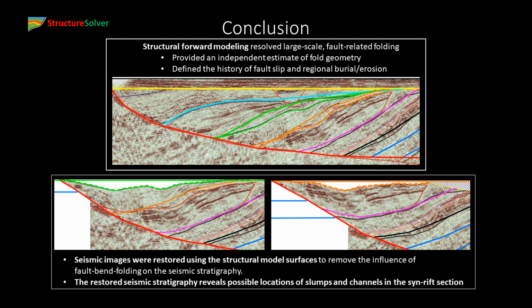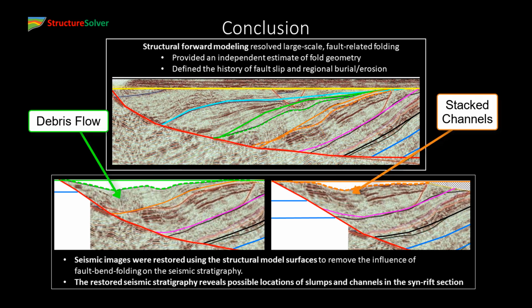The resulting restorations would essentially unfold fault-related deformation while preserving any stratigraphic features associated with deposition of the observed seismically imaged horizon and stratigraphy. In the case of the Bohai rift structure, this process revealed possible debris flows and stacked channels that would have been otherwise difficult to detect without first removing the rift-related folding from the seismic stratigraphy.